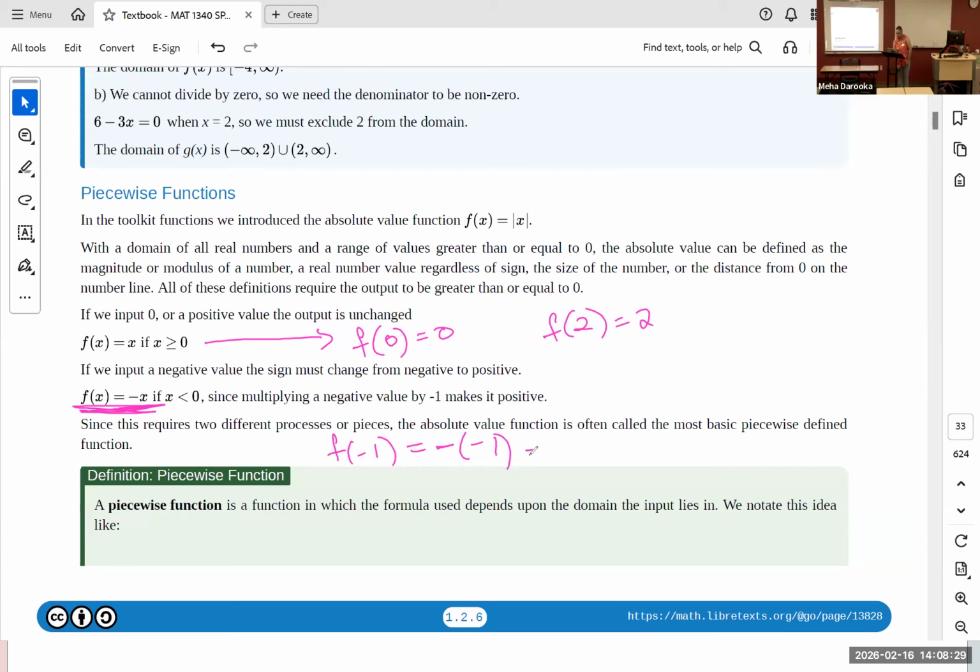So two negatives become a positive, and you can see how a negative number changes into positive. And of course, we can use that for any negative number. So you already have the negative from the equation, and then x itself is bringing a negative sign, and the two negatives become positive. So a piecewise function for an absolute value can actually be defined using these two definitions.